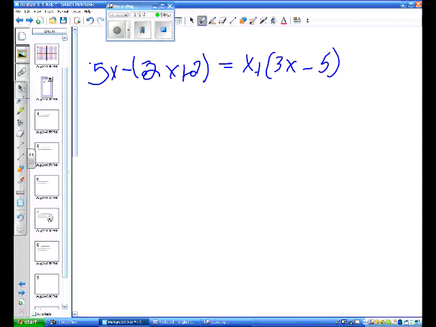And that's not the neatest I've ever written something. 5x minus (2x plus 2) is equal to x plus 3x minus 5.